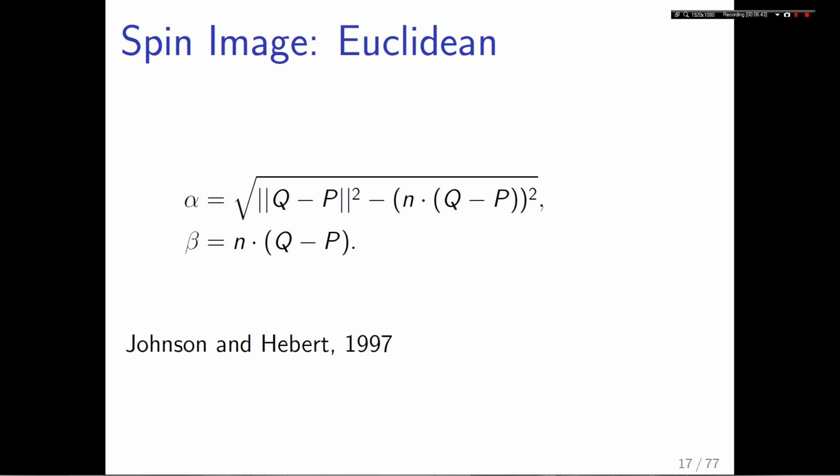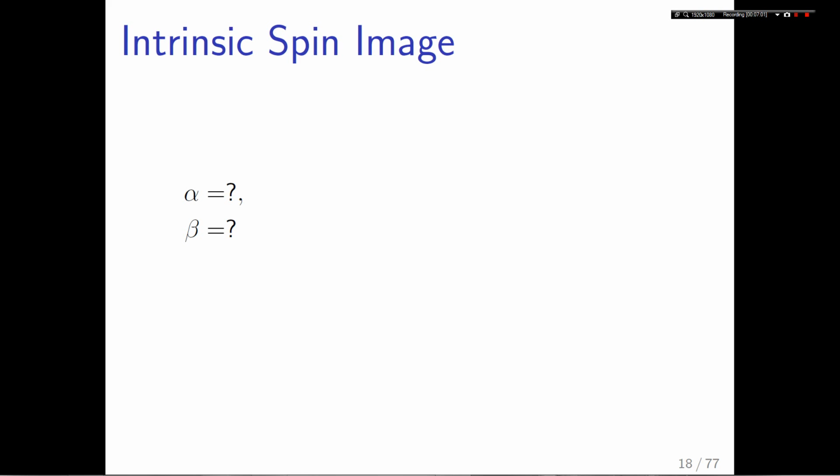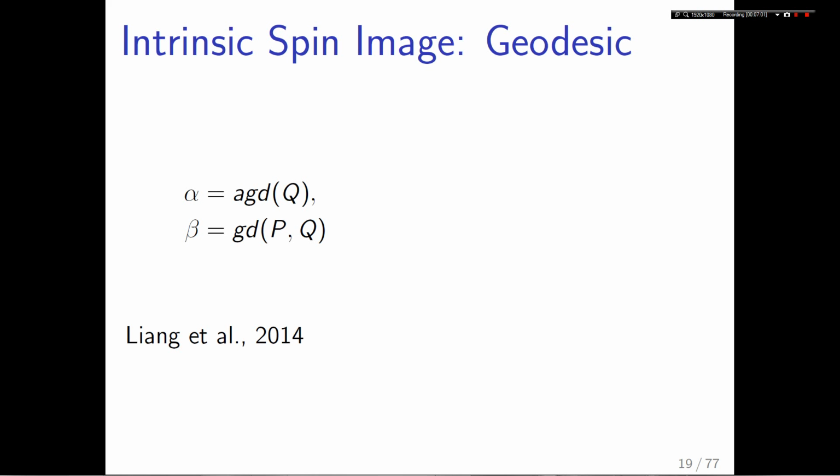So look at here. The spin image used the Euclidean distance. You can see q minus p, which is actually a vector pointing from vertex q to vertex p. And by replacing that with some intrinsic distance, for example, the geodesic distance, we come up with a new descriptor.